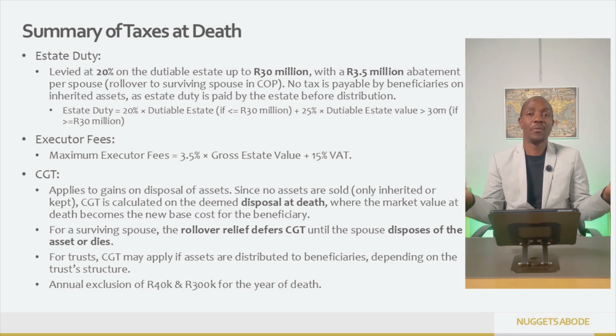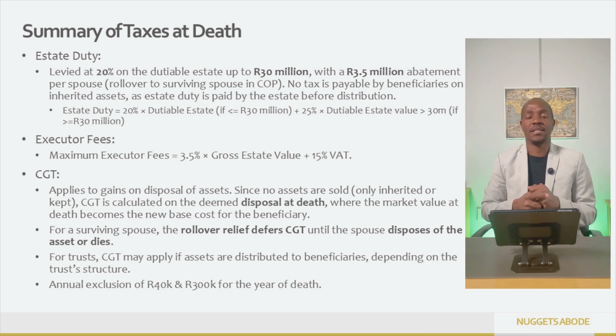However, if they are kept within the trust, no capital gains tax. And then there's also an exclusion of 40K if I contextualize to South Africa, and 300,000 for the year of death. Now, all of these will be factored into the dutiable estate.